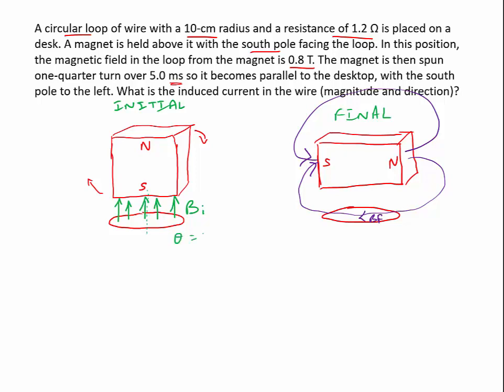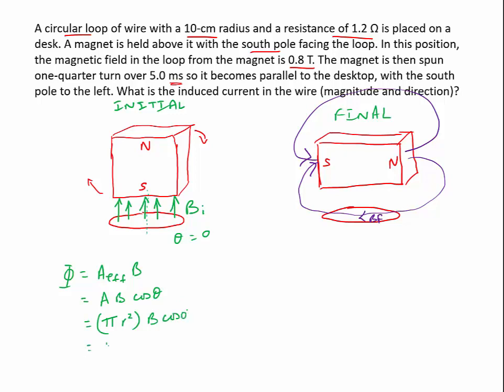So in this case, theta would be 0. So my phi initial was A effective times B, which was the same as A times B times cosine of theta. So in this case, the area of the loop will be, because it's a circle, pi r squared. The magnetic field will be whatever the question gave us, and it'll be cosine of 0 degrees.